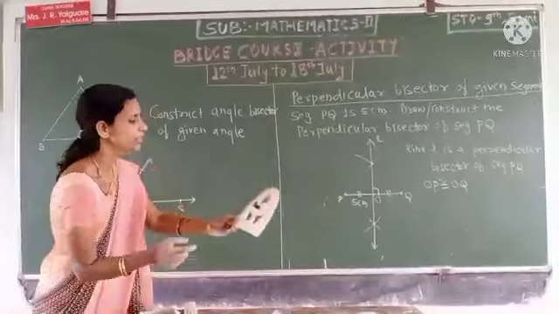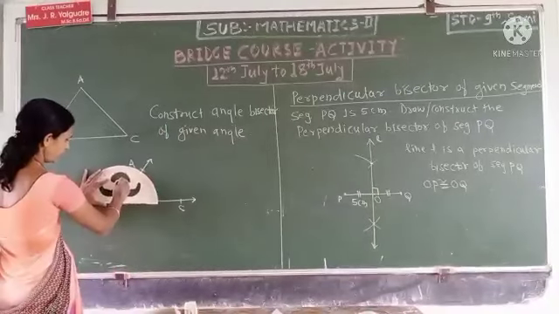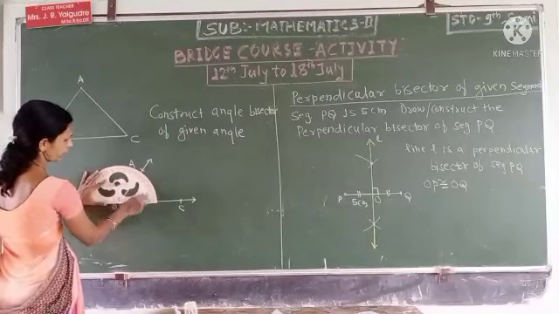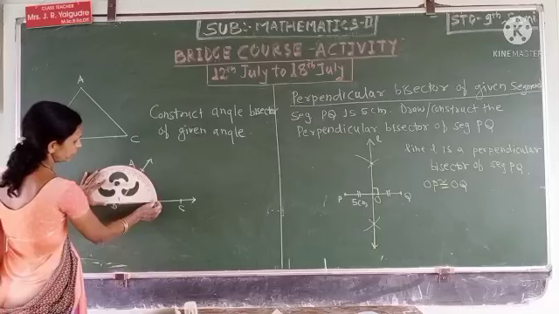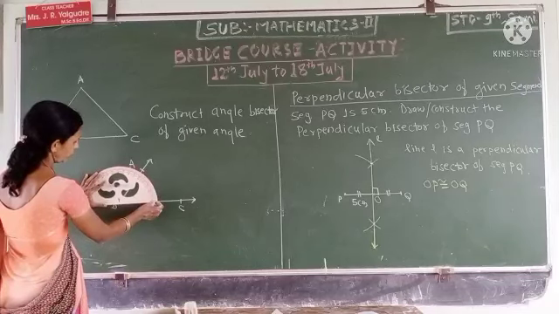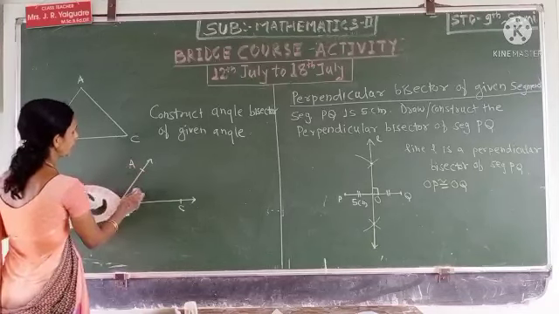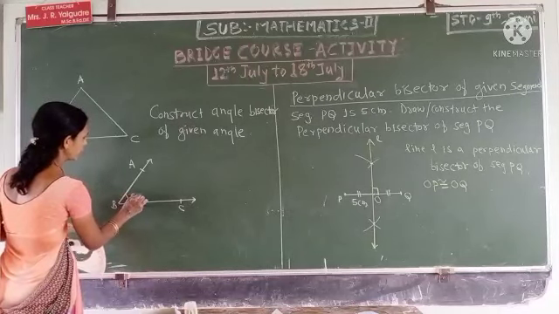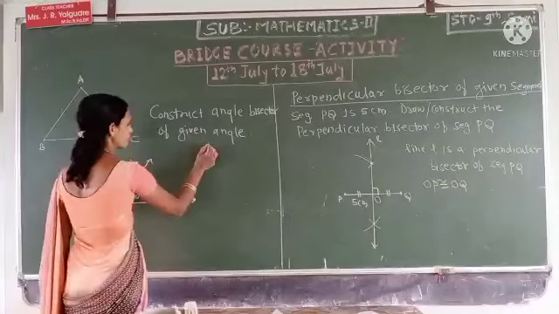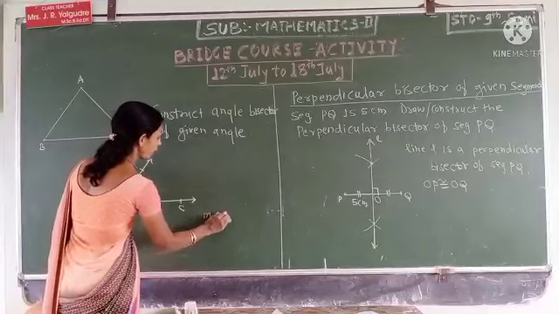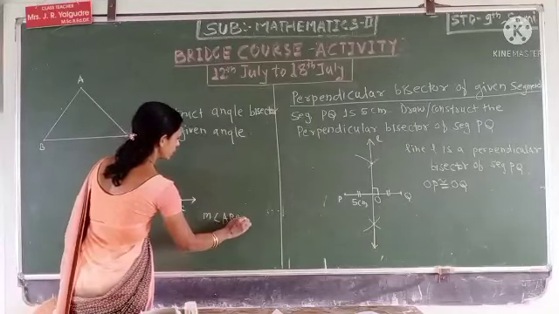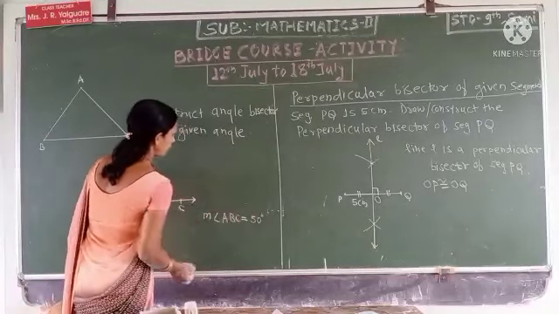Then measure the angle using a protractor. See here, it is 50 degree. Measurement of angle ABC is 50 degree.